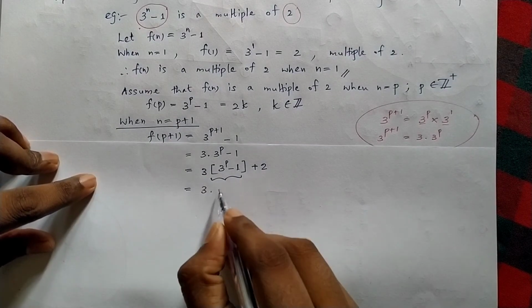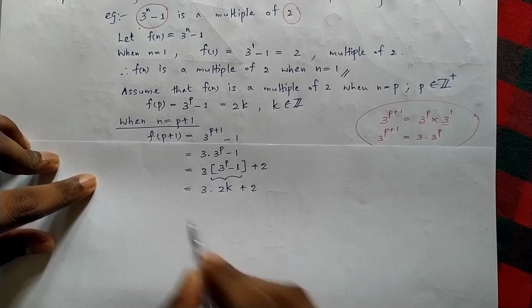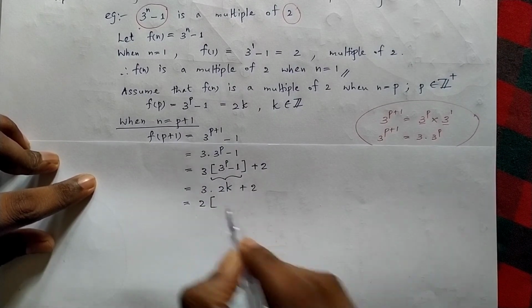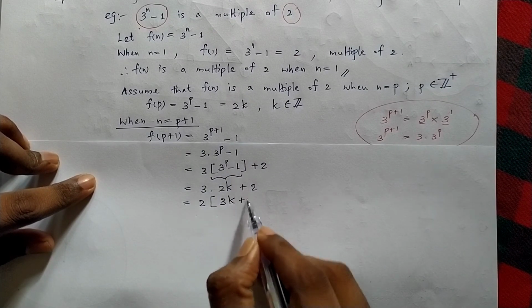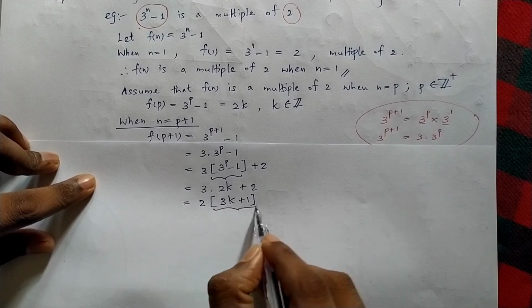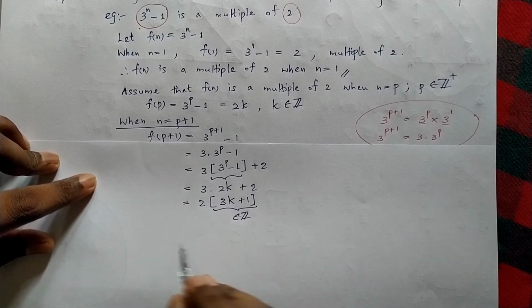Then 3 into, for this I can substitute 2k from our assumption, plus 2. Then I can take 2, the common factor, out from these two terms. We have 3k plus 1. Since k is an integer, 3k plus 1 is also an integer.